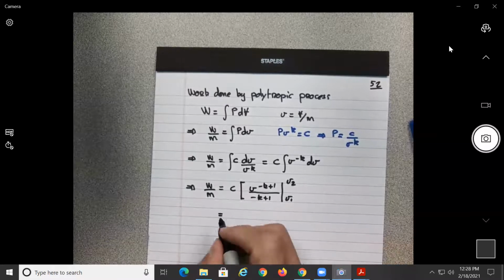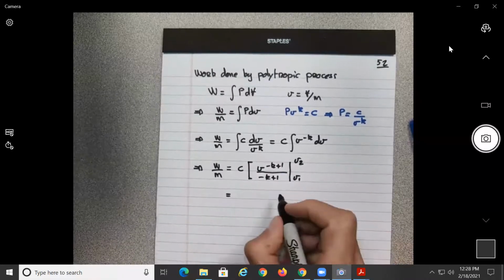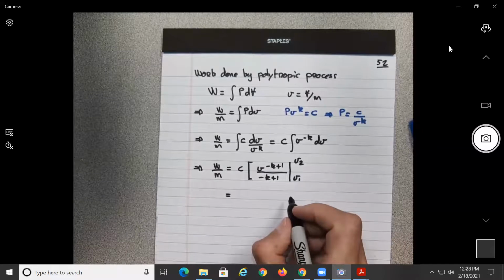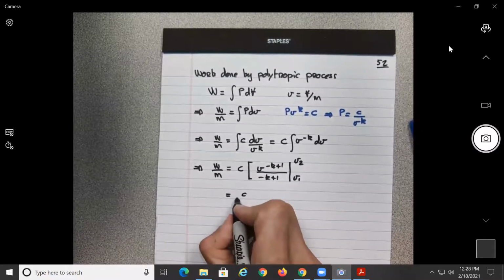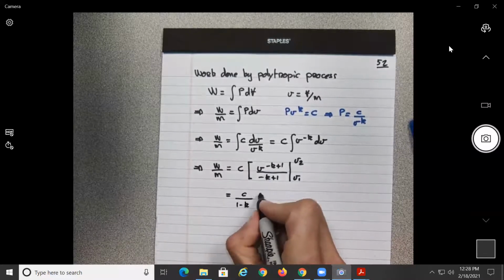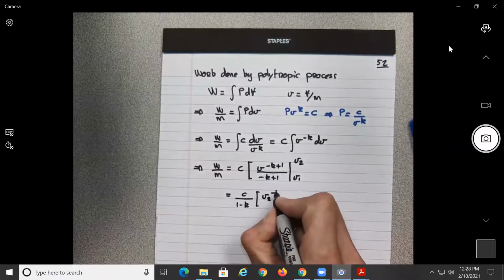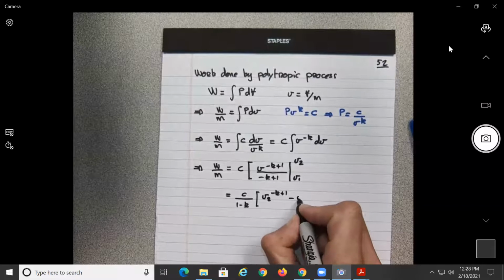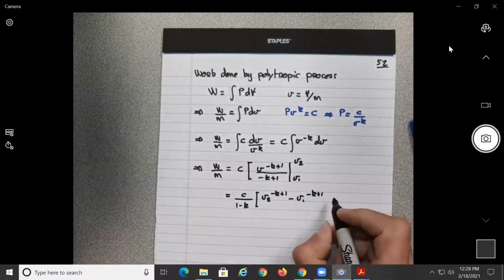So, okay, I'm going to do it in detail. This should be equal to C over 1 minus K, times (V2 to the minus K plus 1 minus V1 to the minus K plus 1).